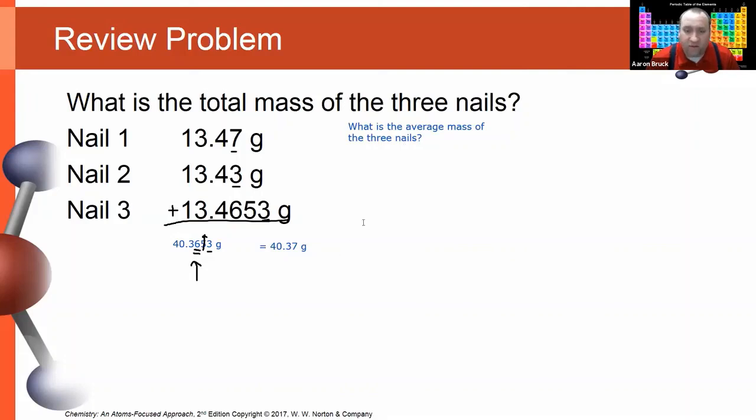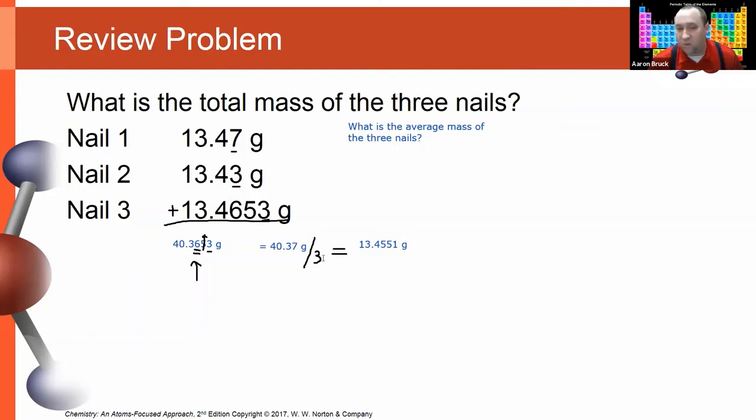Now to do the average mass, remember average is just the total mass divided by 3. If I take that total mass and divide by 3, my calculator spits out 13.4551. What of that do I keep? Well, this is a division.